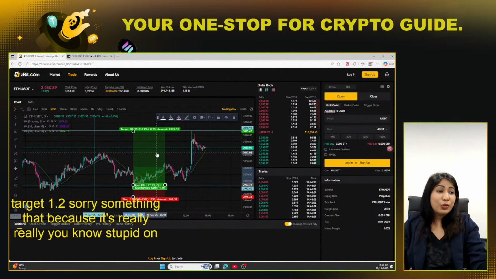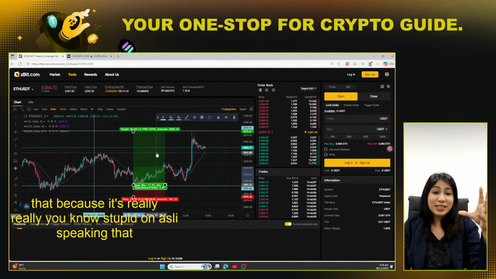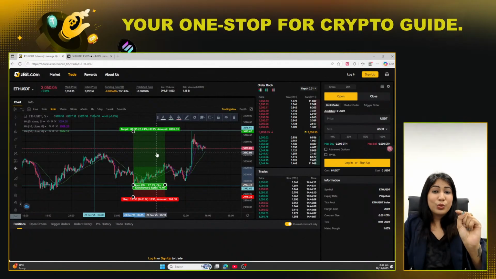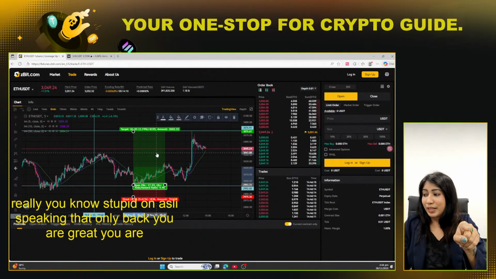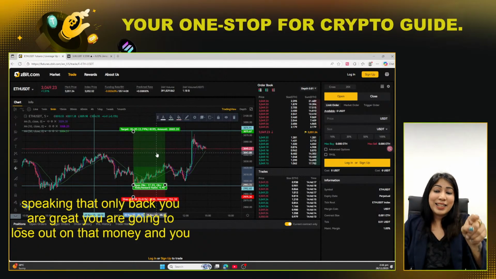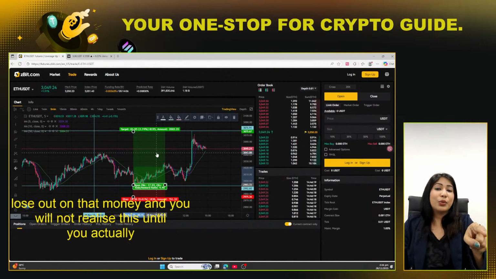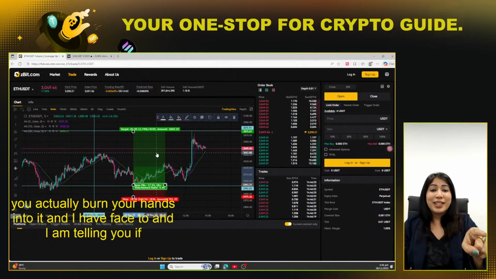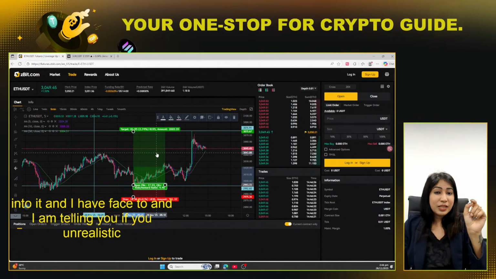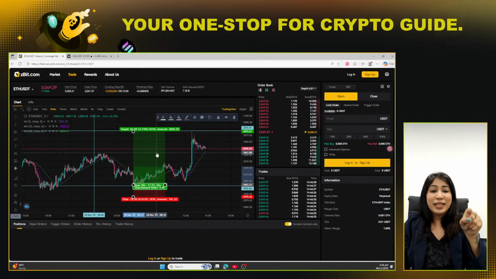If you keep such high targets and the market suddenly bounces back, even if your 1:2 ratio was achieved, with your greed you're going to lose that money, and you will not realize this until you actually burn your hands. I have faced this issue, and I'm telling you, if you keep unrealistic targets, your money is either going to get into losses or get stuck.